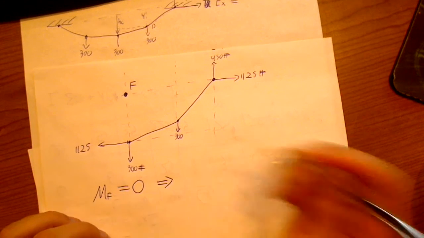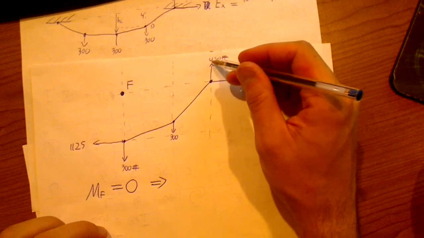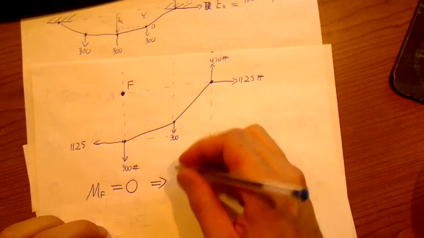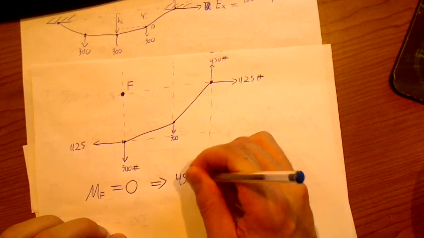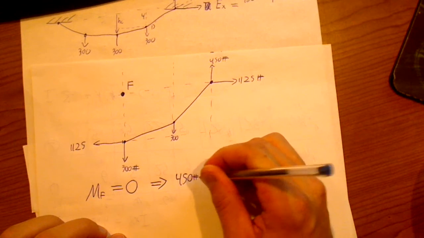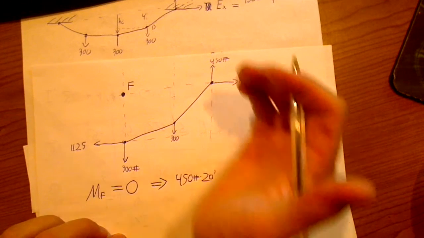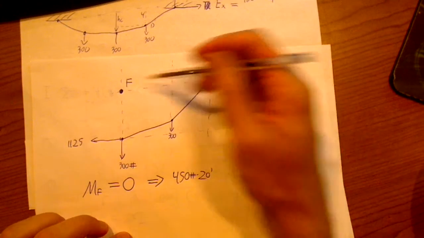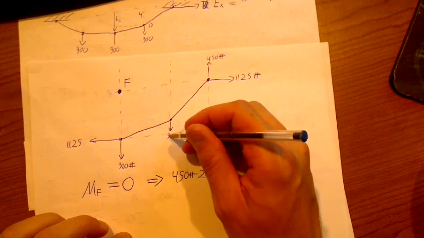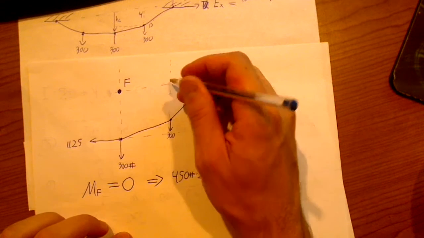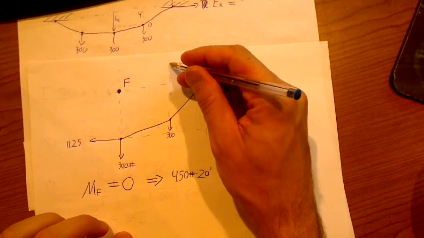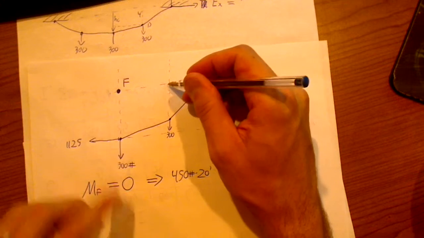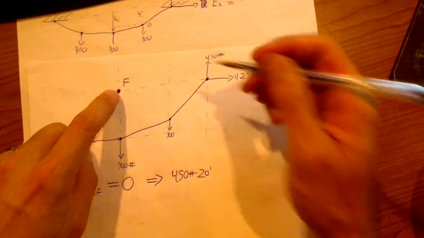So what does that lead to? We have 450 pounds times 20. Rotating this way, so it's positive. This force, line of action, passes through F, so it's 0. This force, 300, has a 10-foot moment arm. If you look at basically the line of action is here. Perpendicular distance is this, which we know is 10 feet.